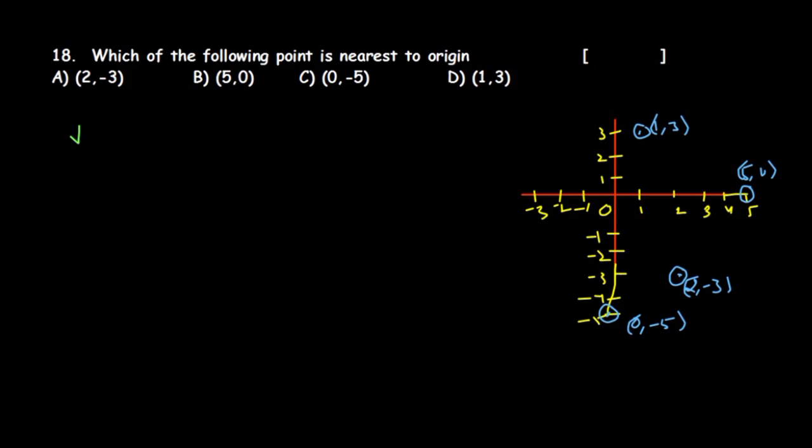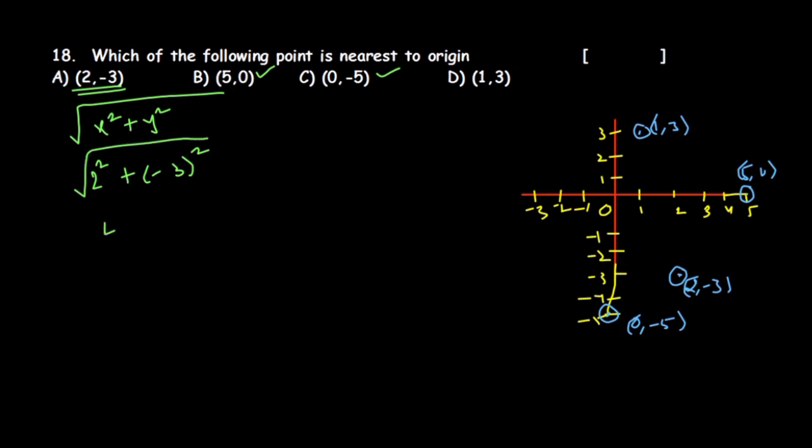And for this point 2 comma minus 3, if you find the distance from the origin using the root of x square plus y square formula, I'm going to check this one because it's very clear this is 5 units distance, this one also 5 units distance. Now to find this one, you take 2 square plus minus 3 whole square.